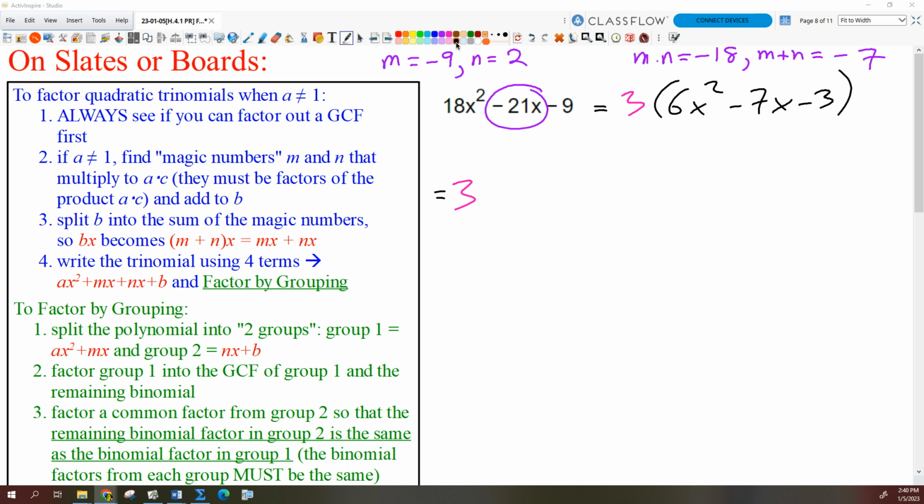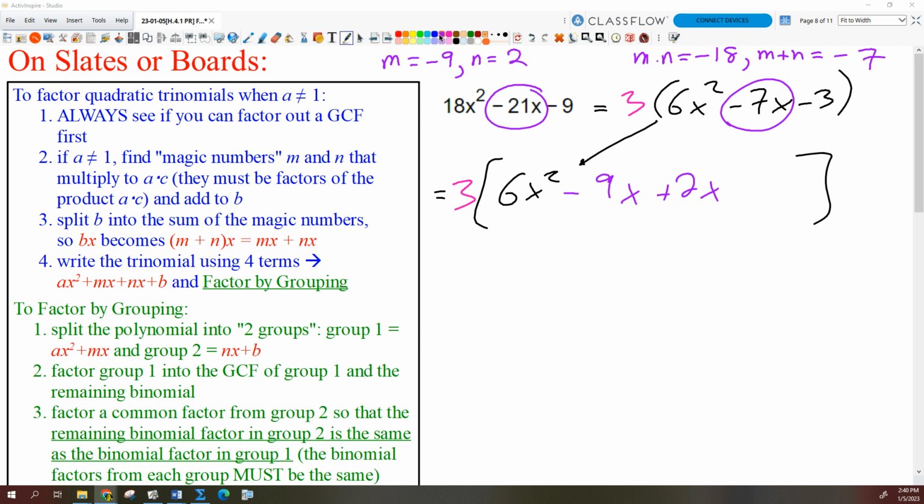So now we get, in these brackets, 6x squared, right? There's my 6x squared, minus 9x plus 2x. That's how that negative 7x is splitting up, minus 3.